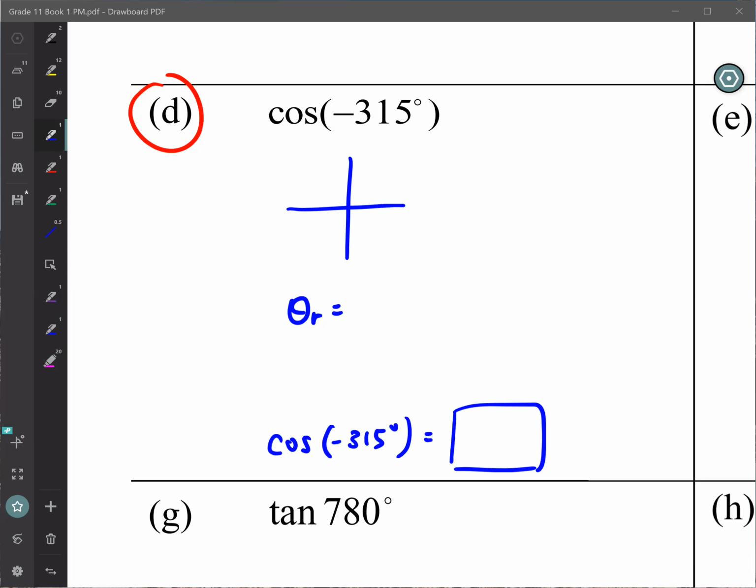Remember this question, that angle is turning in the negative direction.